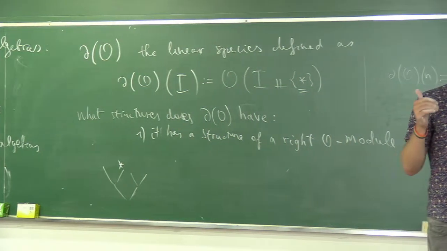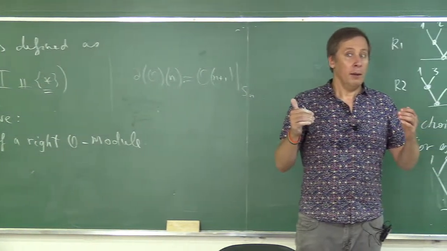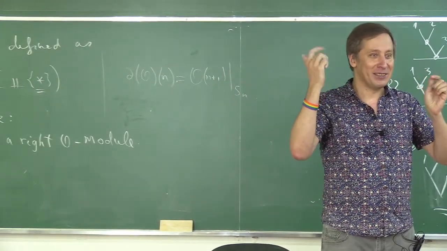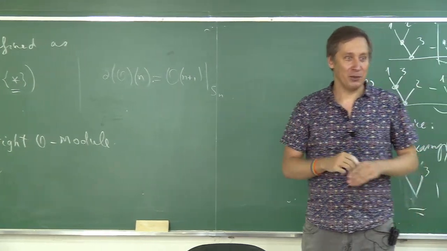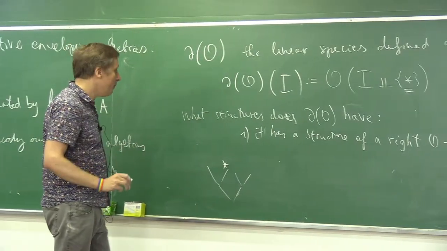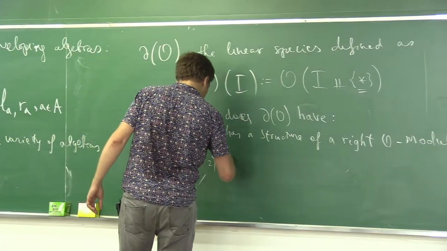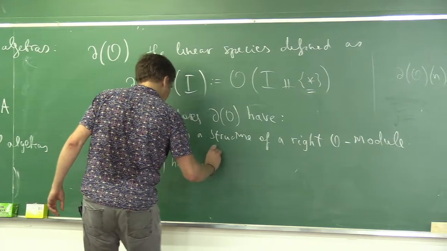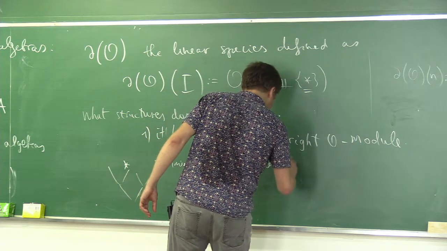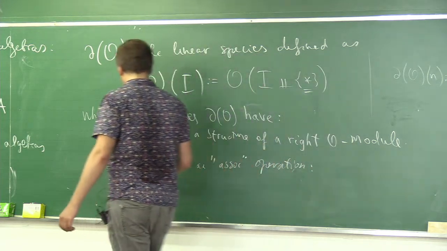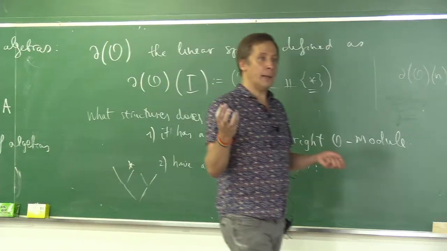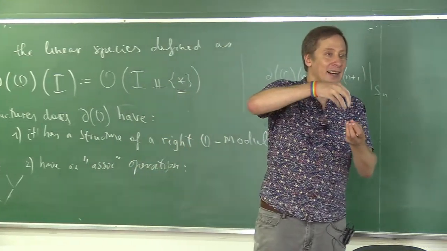But we don't have a left O module, because if we substitute two different things like that, we will get two different stars. So we will get an element of different nature. So somehow we have a right O module, and we also have some kind of associative operation, meaning the following: if you have one guy like that and another guy like that, you can substitute one into the other's star.